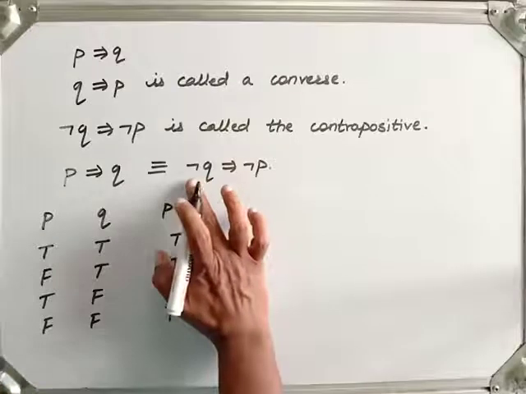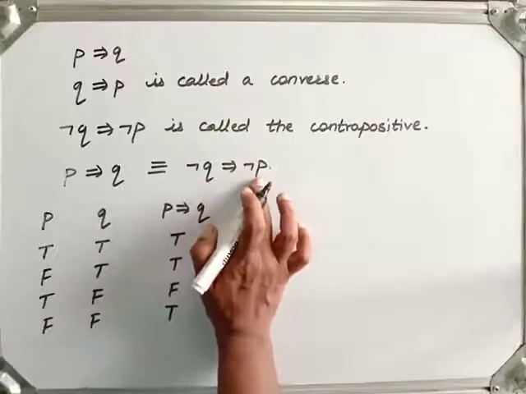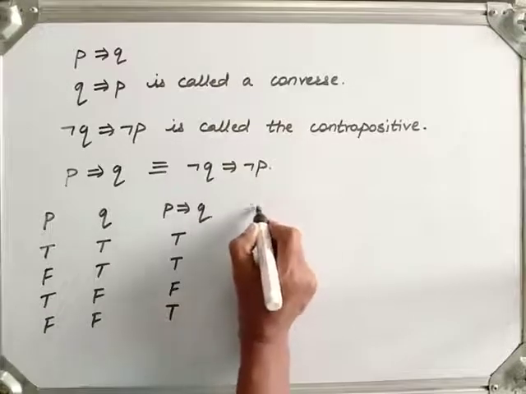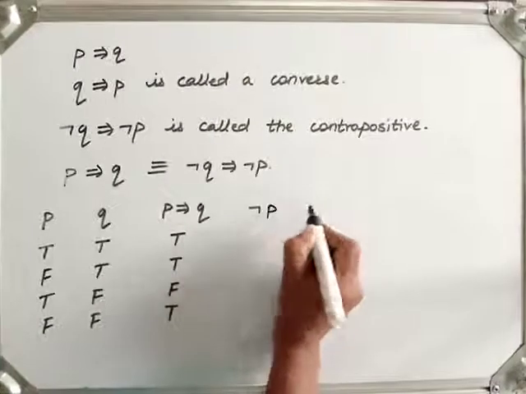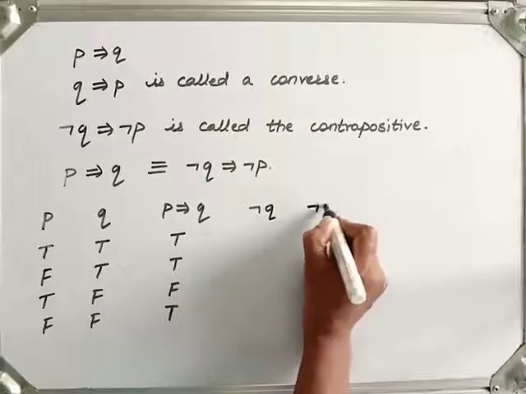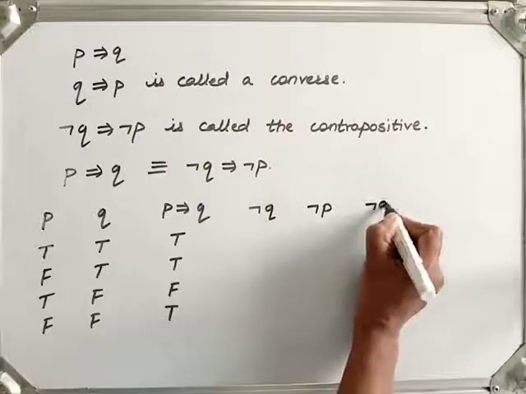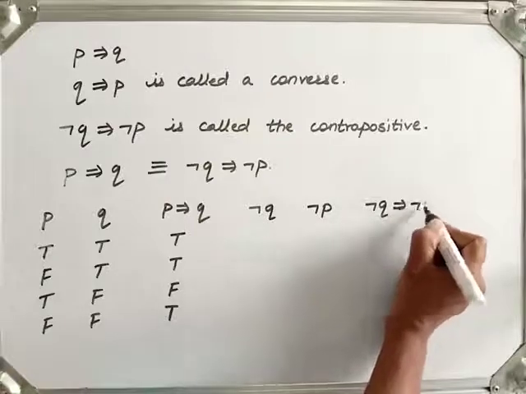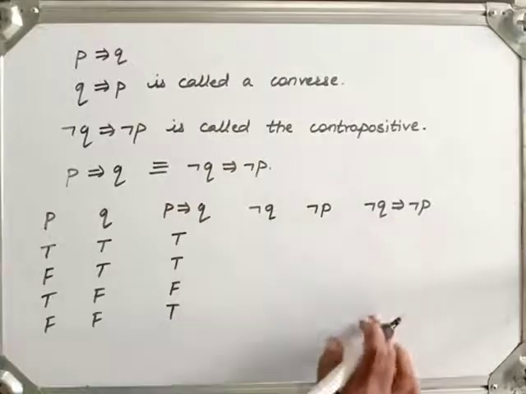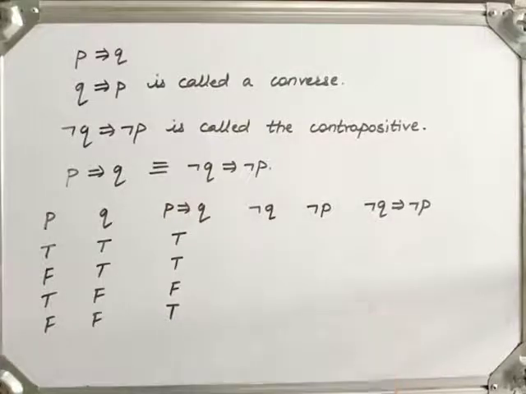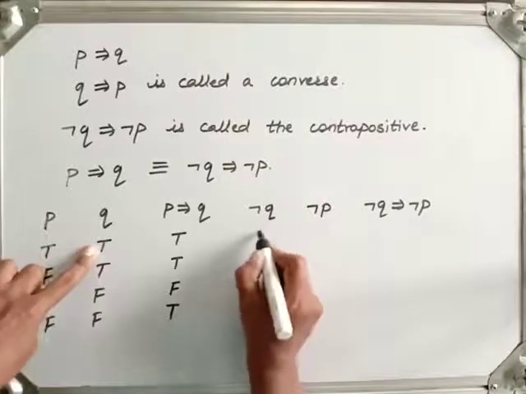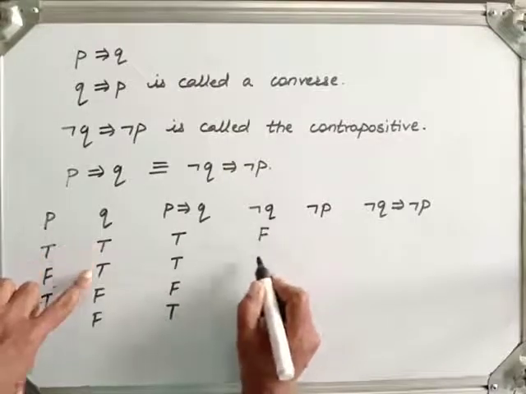Now we have to check negation Q and negation P. So for that let me write negation Q first, then negation P, and then negation Q implies negation P. Let us check whether both of them give the same column of truth values or not. Now negation Q. Here Q has the value true, so negation Q will become false.